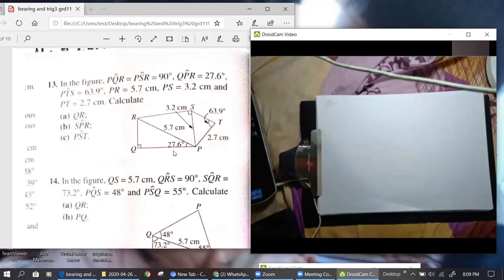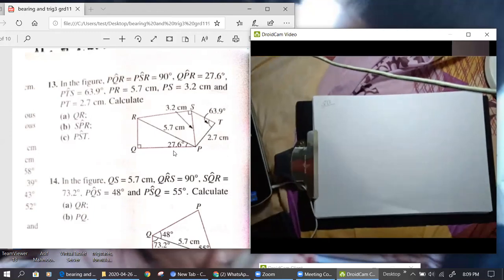So how will you find PQ? Do you have any idea? Yeah, we'll use cosine rule. Very nice, cosine rule. Are you sure? This is a triangle, dear.